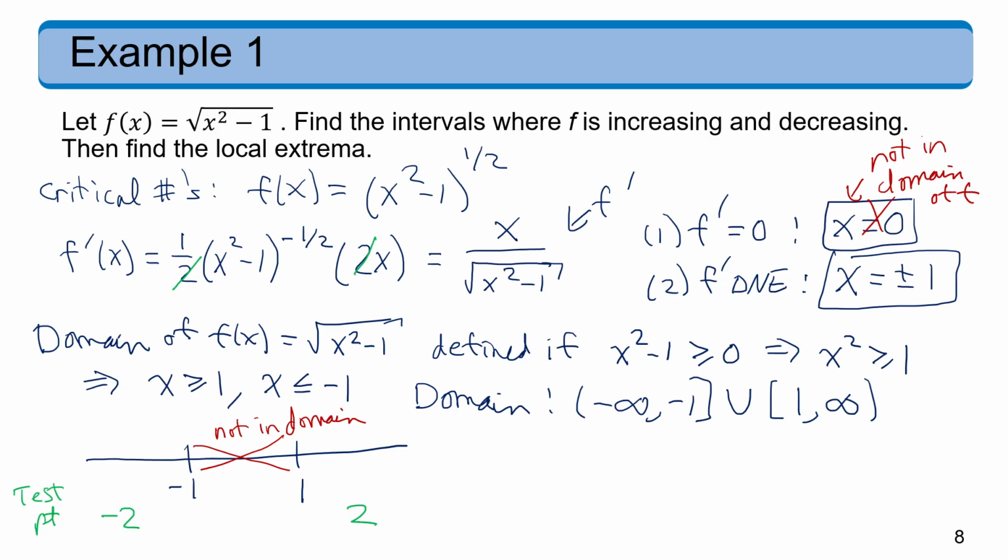Now we take our test points and we're going to plug them into f prime because it's the sign of f prime that tells us about the function increasing and decreasing. So let's find our formula for f prime. This was it right here. Usually we write that in factored form, but for this case I don't think we'll really need to do that. The square root kind of complicates things. So the formula for f prime is just x over the square root of x squared minus 1.